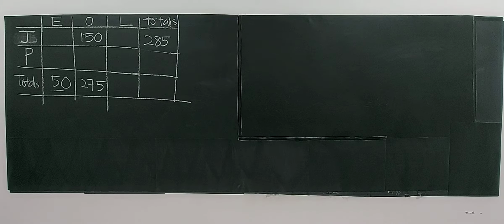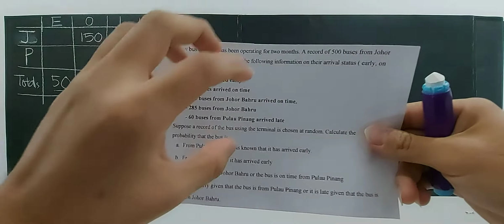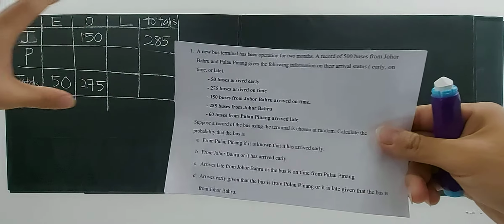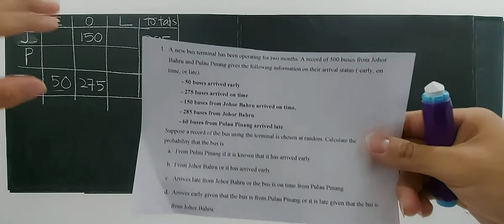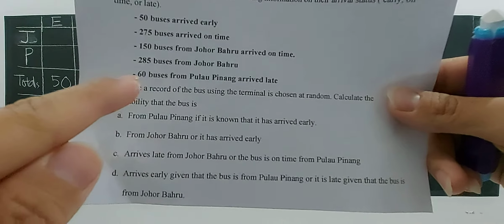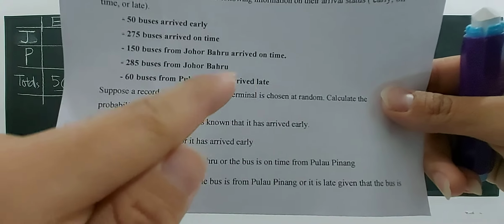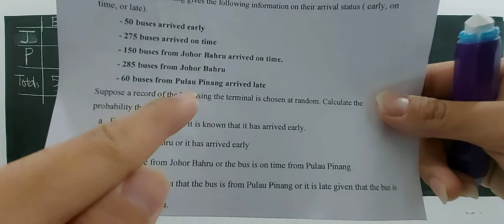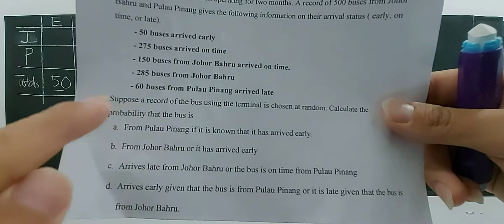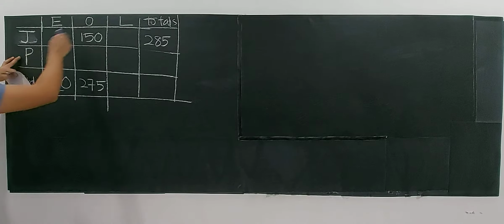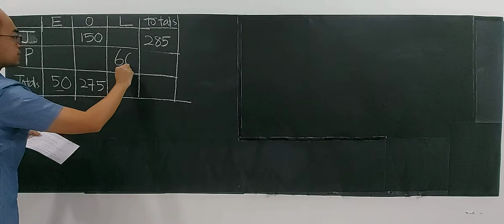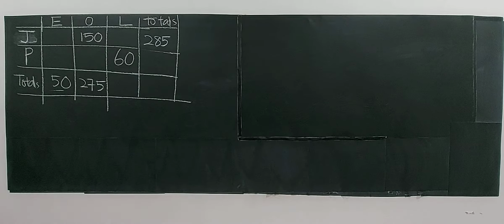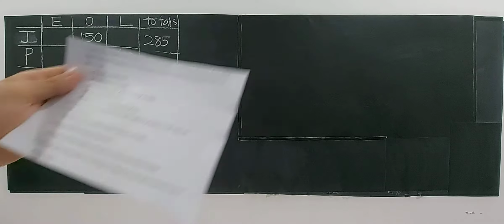This is the way we display the values into the table. Then 60 buses from Pulau Pinang arrive late. So Pulau Pinang and arrive late is 60.